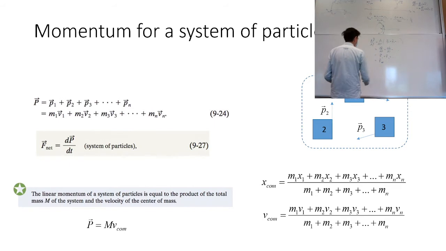And because we can rearrange this equation, this is the thing that we started off writing. So the total momentum, and this is just the total mass, right?